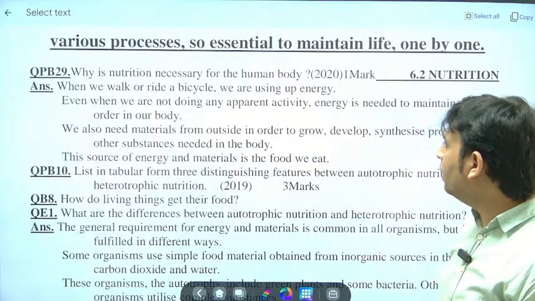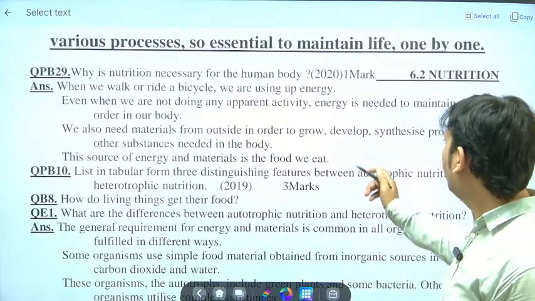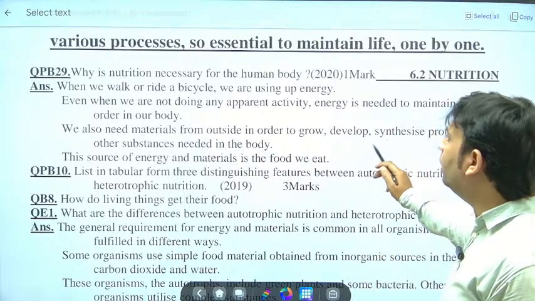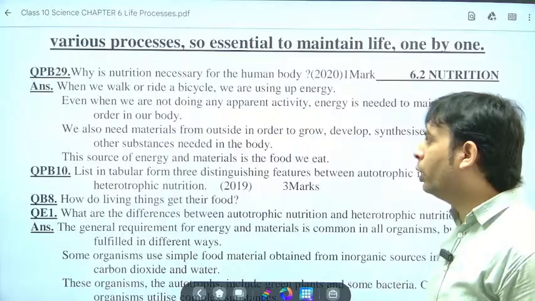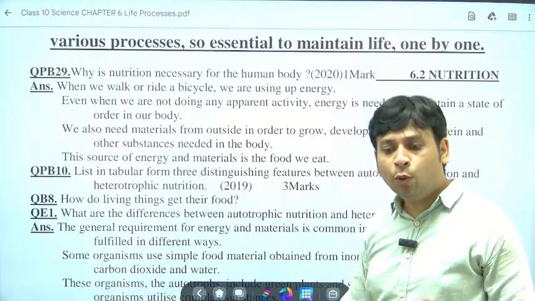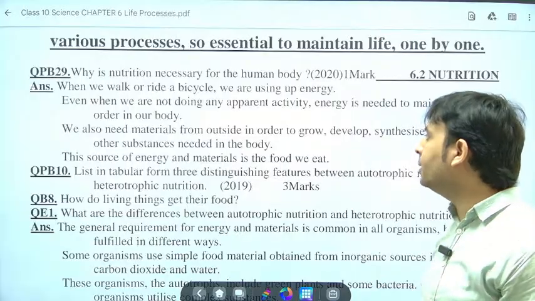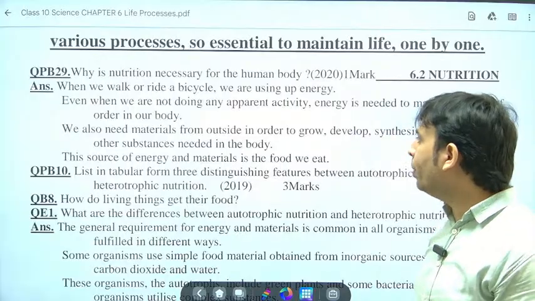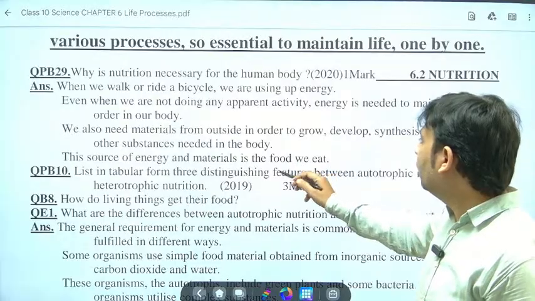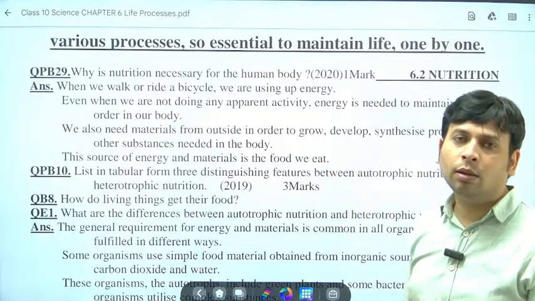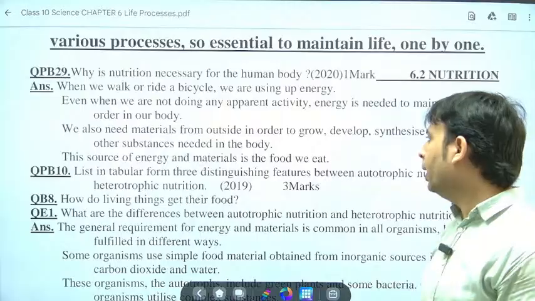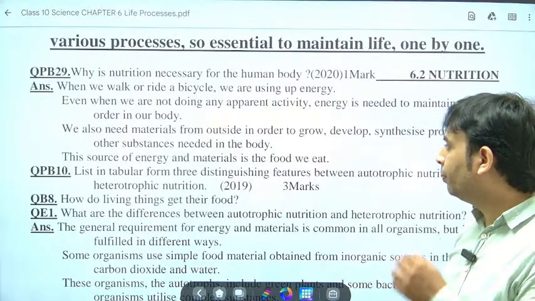We also need materials from outside in order to grow, develop, and synthesize protein and other substances needed in the body. So for meeting the requirements of the body, nutrition is very essential, and the source of energy and materials is the food we eat. We eat food for energy and materials.